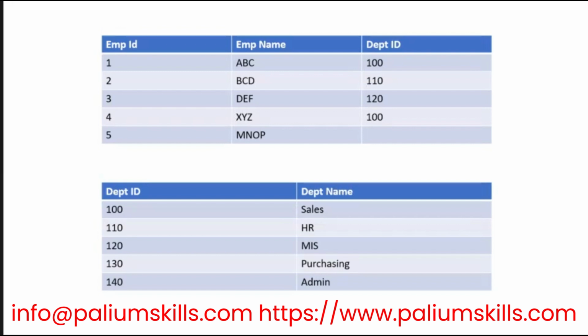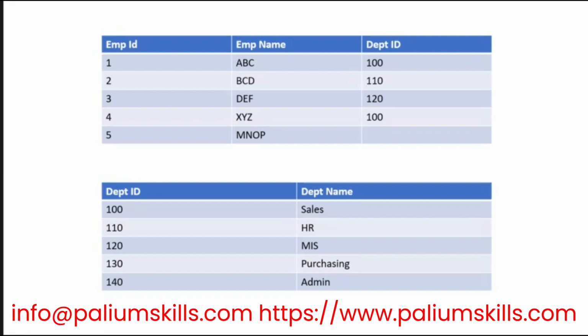So if I have two sets of tables in which I have a primary key like this, which in this case, the department ID is the primary key, and I take it and go to another table, then I can refer to the department ID here. Clear? So this is the relational concept that is used here.